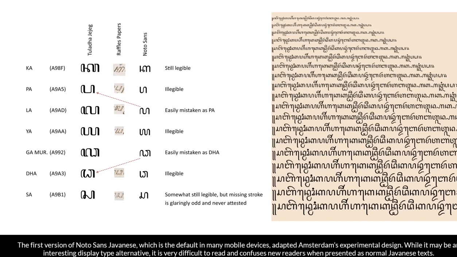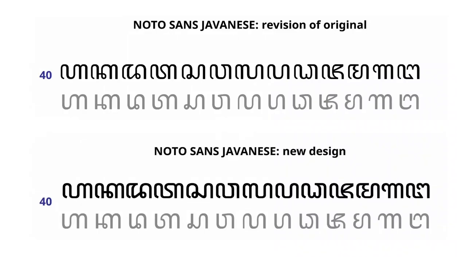So I was brought in to revamp this Noto Sans Javanese into a version that is more user-friendly and legible to Javanese readers. At first, I presented the option whether Monotype and Google wanted the font to be revised or to make a completely new design, and the new design option was chosen.